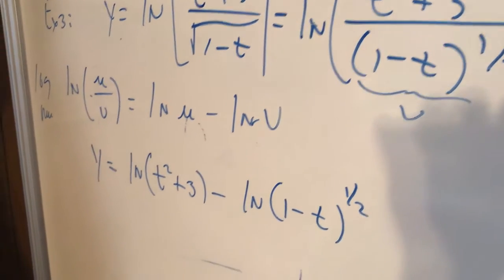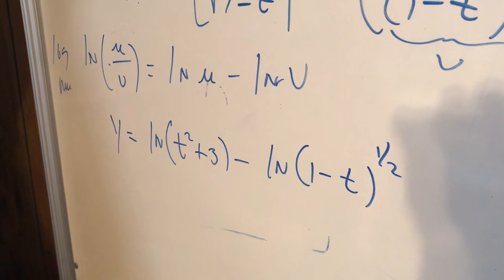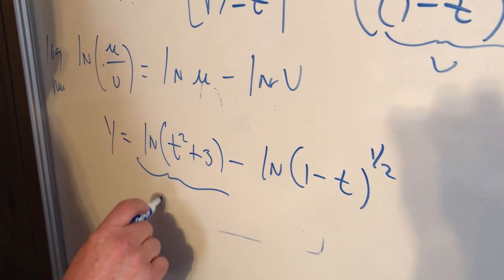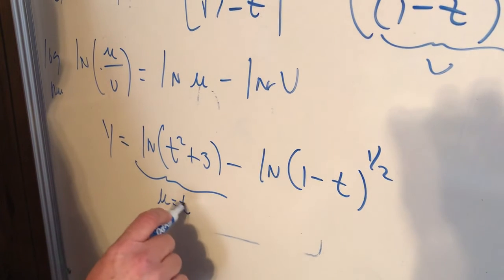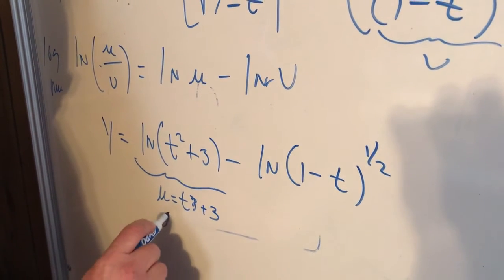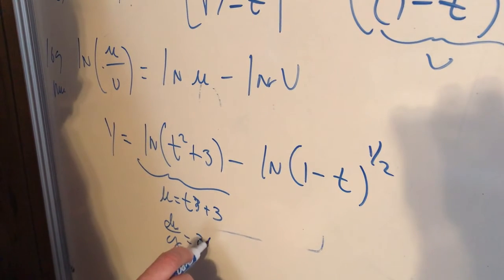Notice we've simplified this problem. We don't have to worry about quotient rules or anything like that. And what we can do here is make u equal t squared plus 3. du dt is 2t.